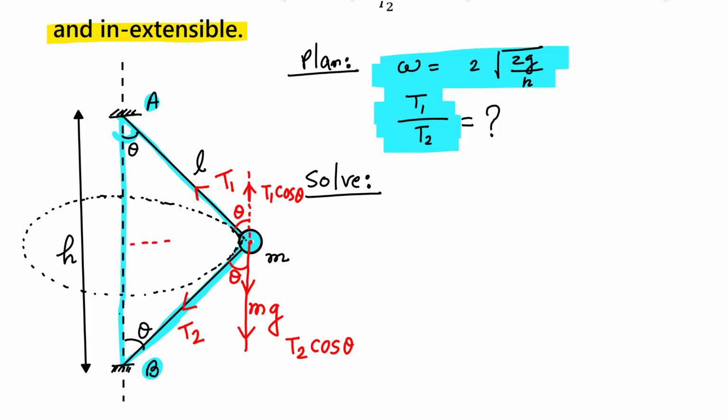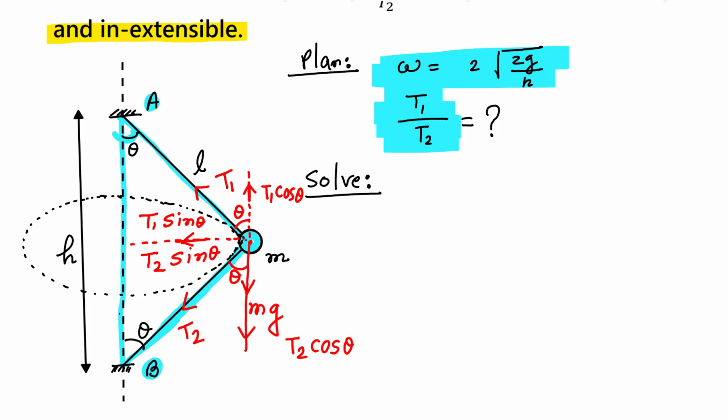Now this is the radius of this circle. So along this line you will have a component of T1 as well as a component of T2, and these will be T1 sin theta and T2 sin theta. So now we have written the forces. Now we can write the equation of motion.